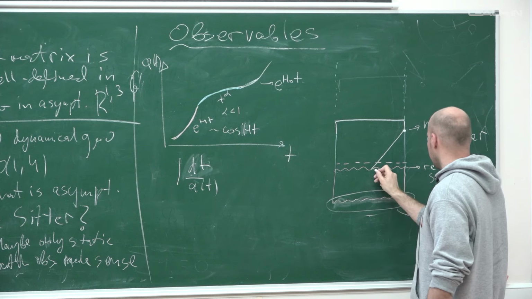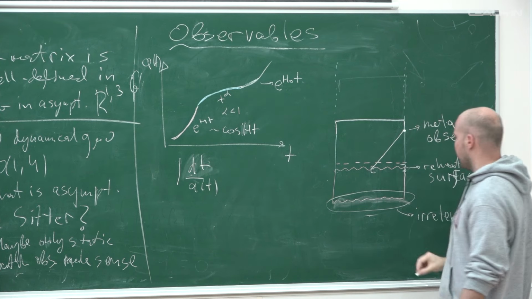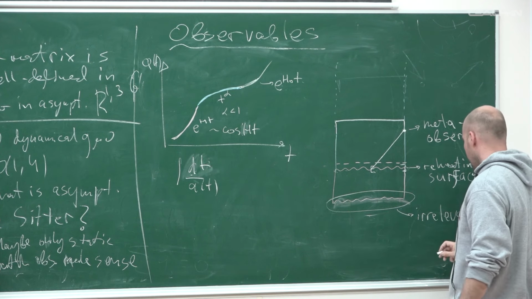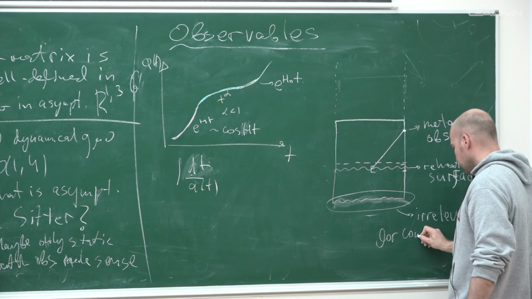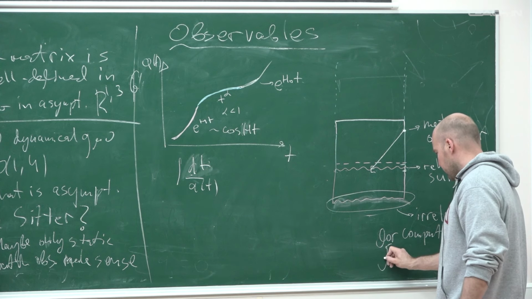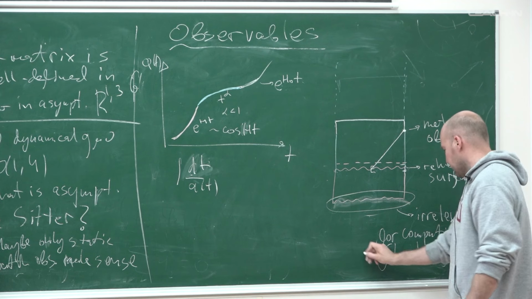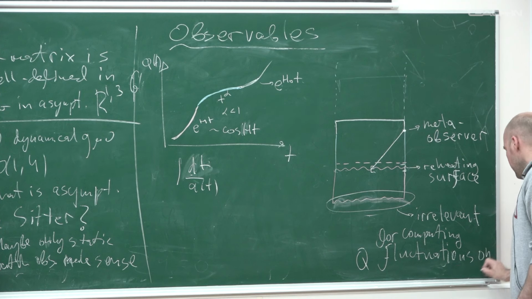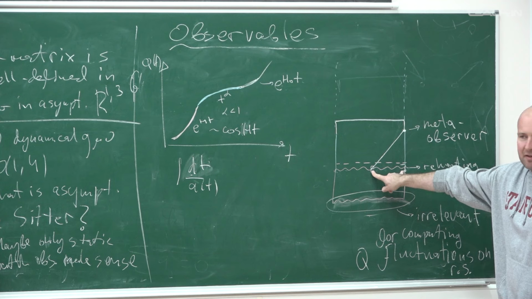The observable part of this wiggly line is what I call the reheating surface. Irrelevant for computing quantum fluctuations on the reheating surface, which is this region, okay?